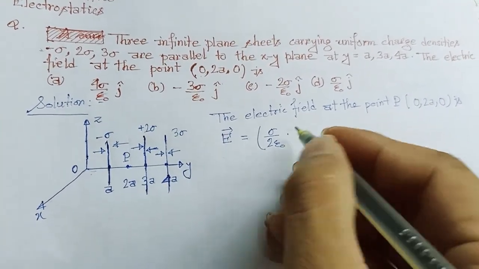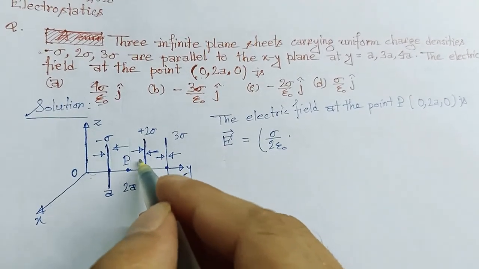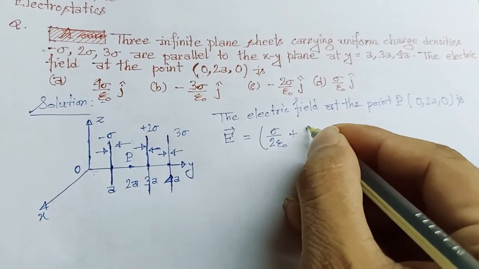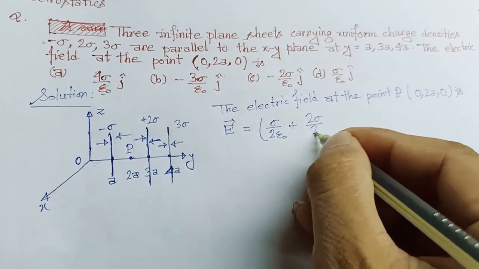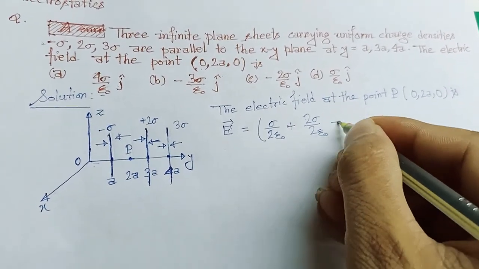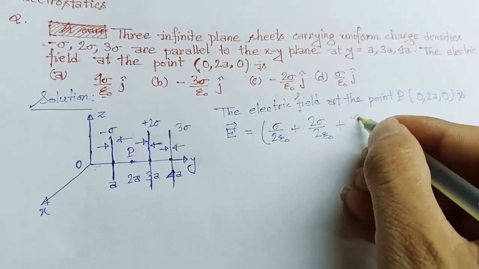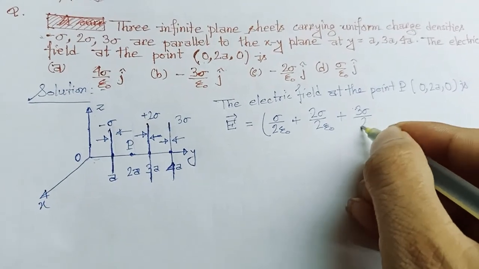The electric field due to this plate is equal to 2 sigma divided by 2 epsilon naught, and the electric field due to this third plate is equal to 3 sigma divided by 2 epsilon naught.